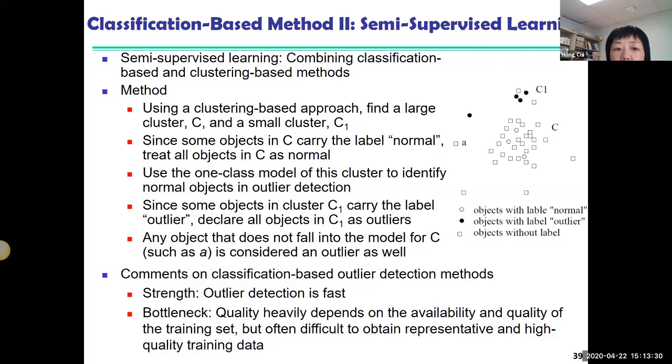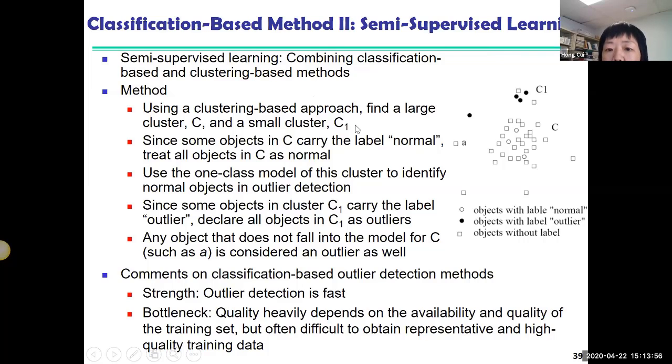Now, semi-supervised learning. The idea is that we don't have lots of training examples but we have lots of unlabeled examples, so we combine classification-based and clustering-based methods. We first use a clustering-based approach, where we don't need labels, we put things into clusters.